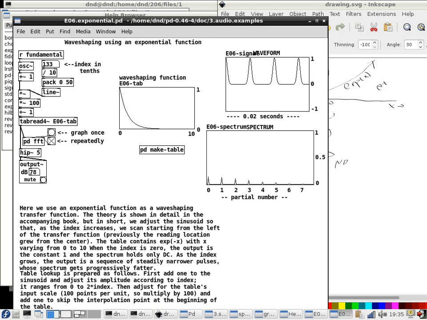So you get this kind of action. And notice, and this is just psychoacoustics, that the thing doesn't get quieter even as the average power is going down, because the power is being distributed over more and more partials as you push the index up.